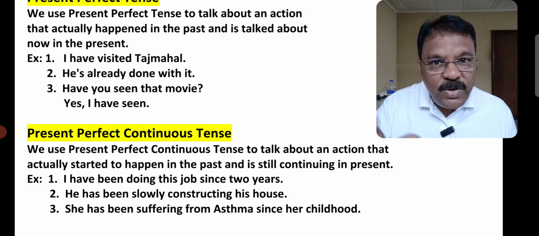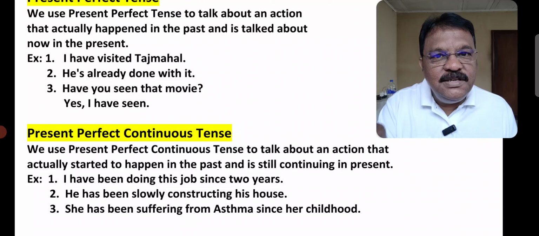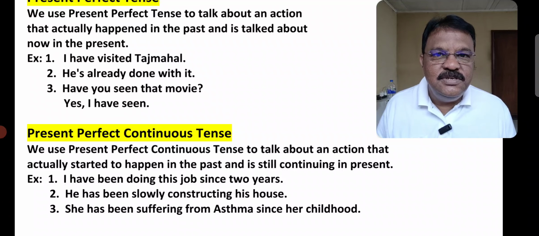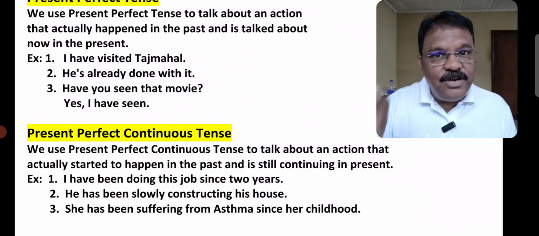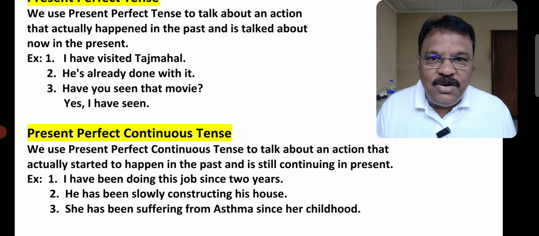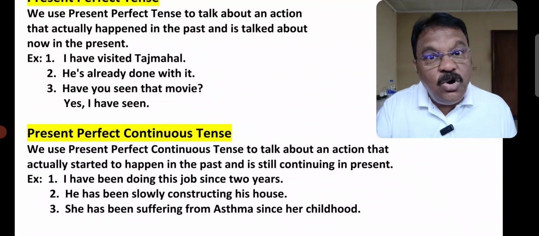I am repeating it once again because the same words are appearing here in this tense also. Now, you know when we use present perfect tense. If you know that, then it's easy to understand the use of present perfect continuous tense also.